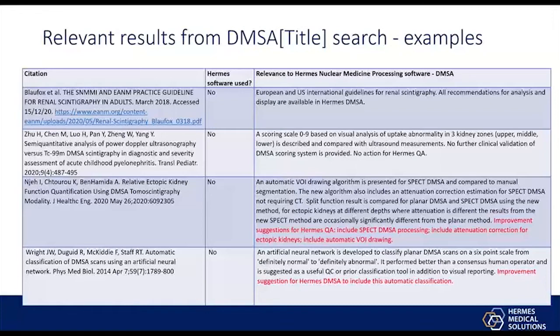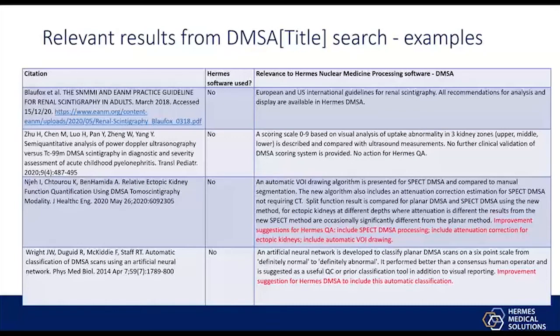I haven't reviewed this one particularly highly because it's a visual analysis only. This paper uses a scoring scale of 0 to 9 to quantify their visual impression. So I didn't think that was really that useful or that relevant to the Hermes DMSA application.